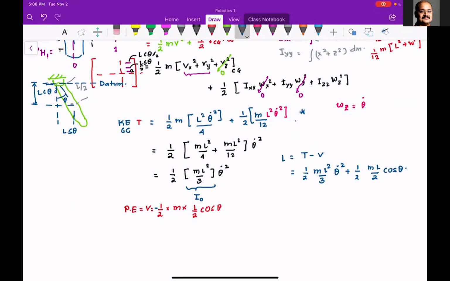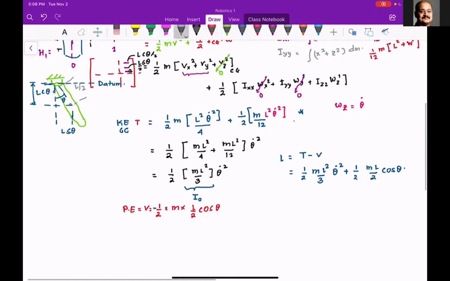No. It is not 1 minus cos theta, because the difference in height is not from L by 2. That's why I said my datum is over here. If you assume your datum here, this distance is L minus L by 2 minus L by 2 cosine theta, and then it will become positive.